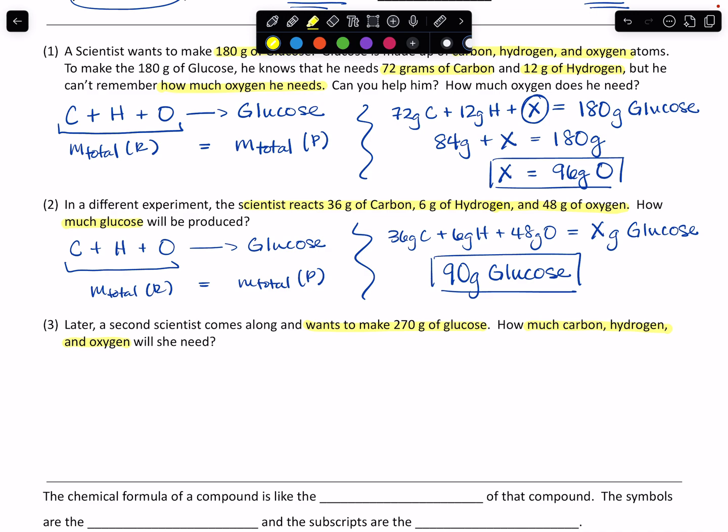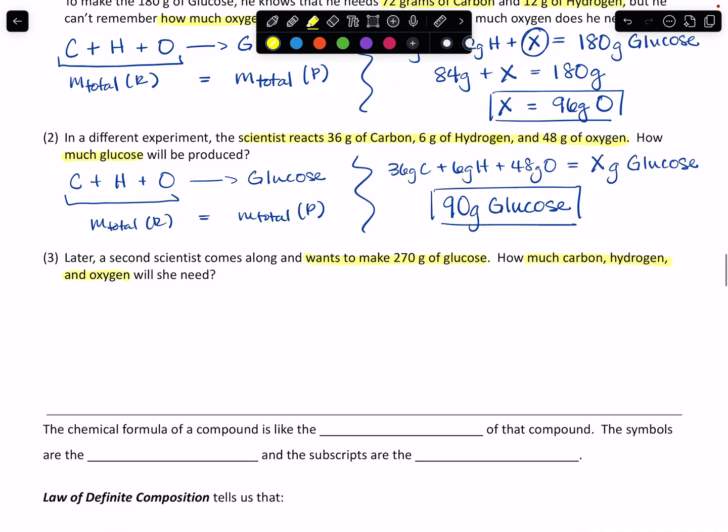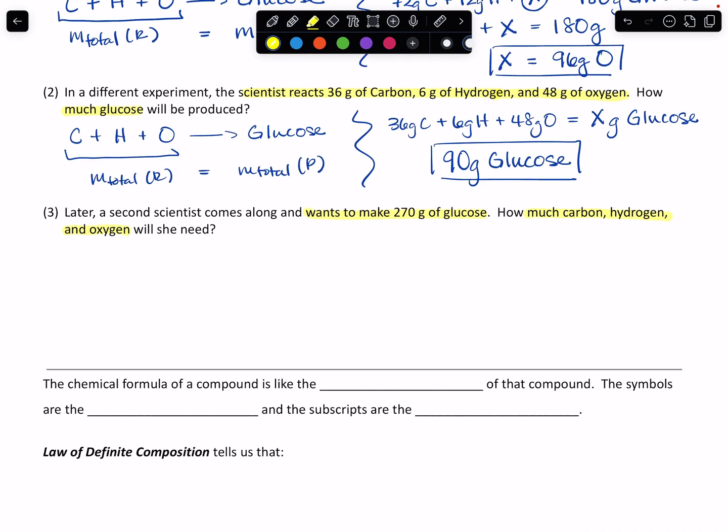Now remember, ratios require that whatever's in the top of your ratio also match on the other side of the equal sign, and whatever's in the bottom also match what is on the other side of the equal sign. So I'm going to use the information in part 2. First I'm going to start with carbon. I know that I need 36 grams of carbon if I'm going to make 90 grams of glucose.